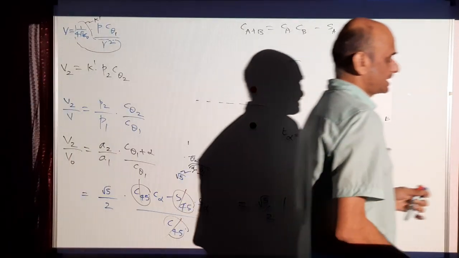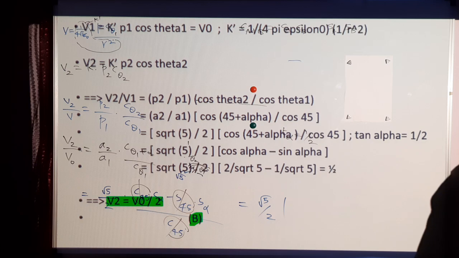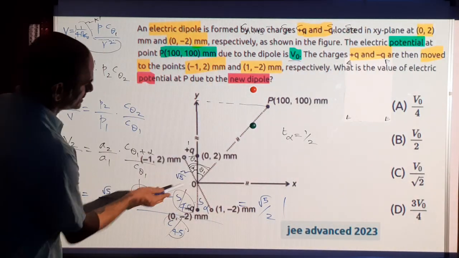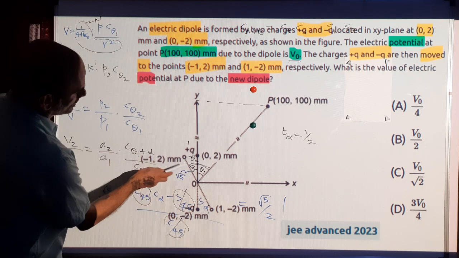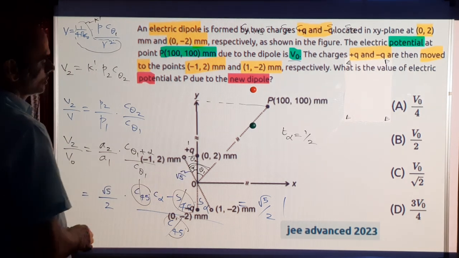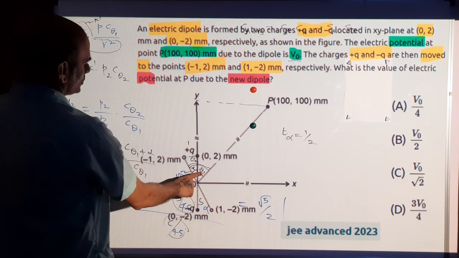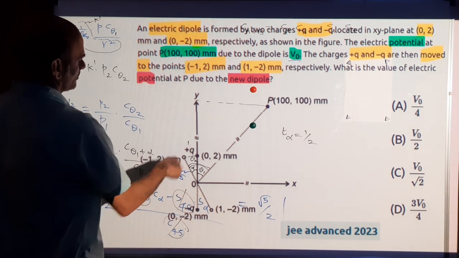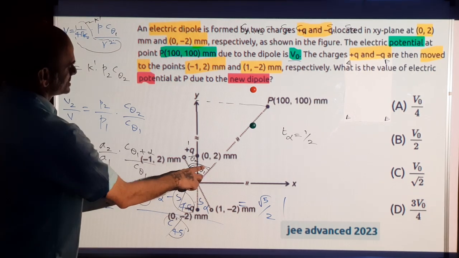Cos alpha I can get from the triangle. This is the triangle for cos alpha. So this is 1, 2, and hypotenuse is root 5. So cos is 2 by root 5 and sine is 1 by root 5.